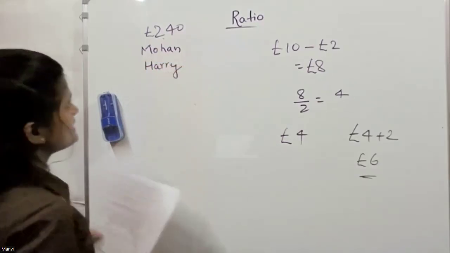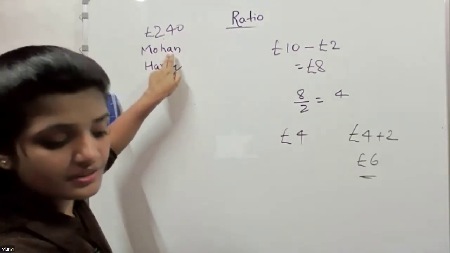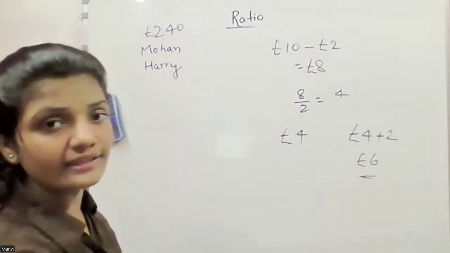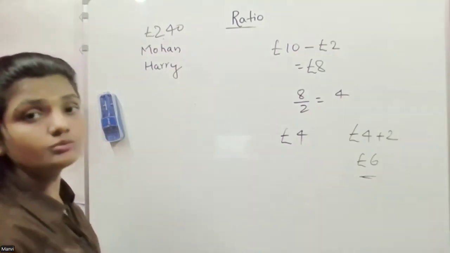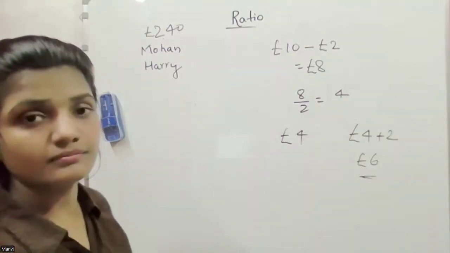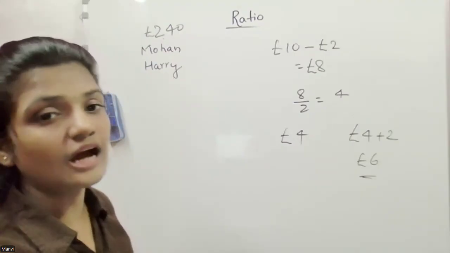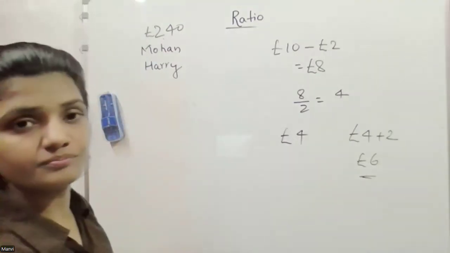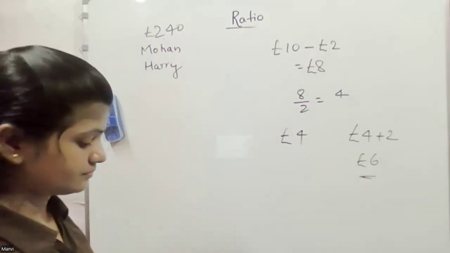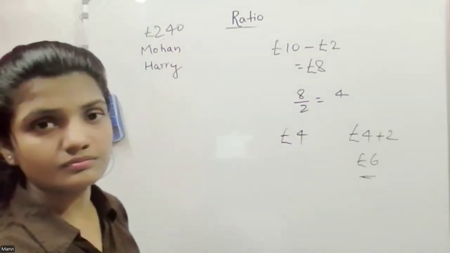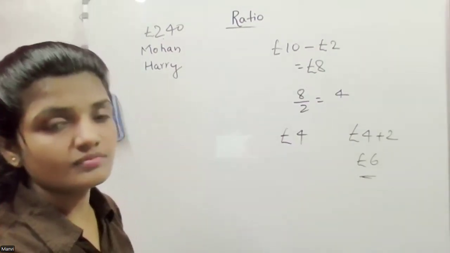And in the question, it says that Mohan gets 60 pound more than Harry. You need to calculate how much money Harry will get.